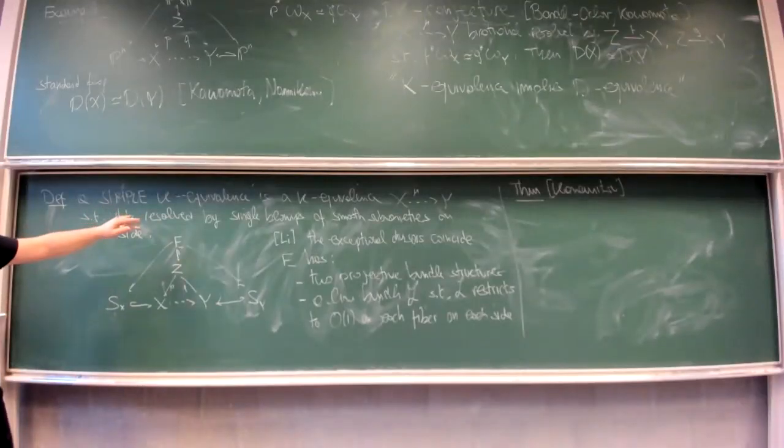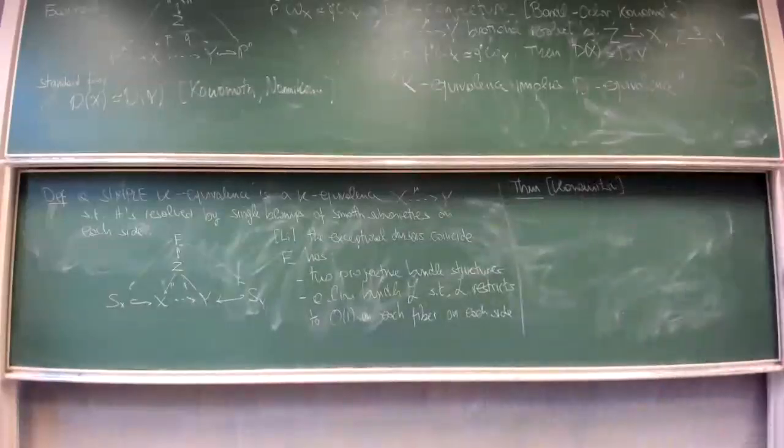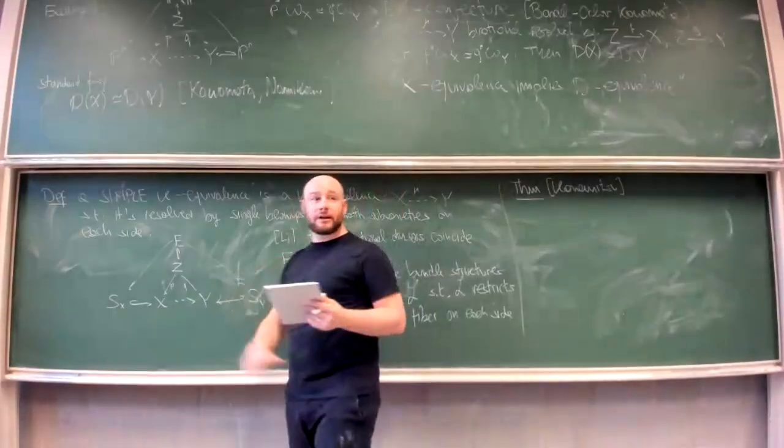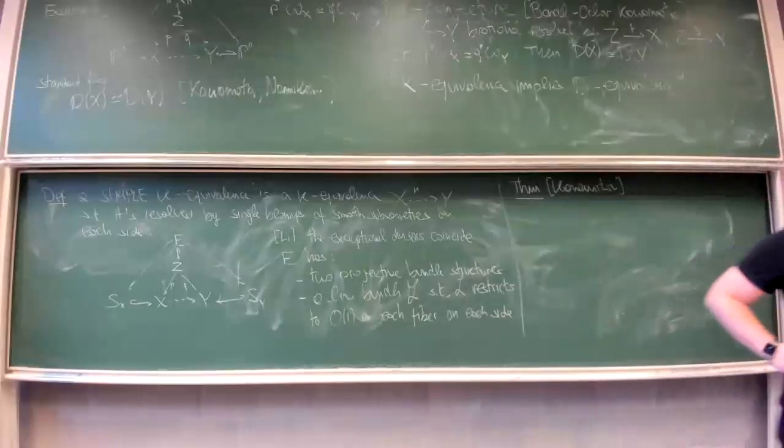And could it happen that it is a K-equivalence and you can resolve it by a single blow-up, but you cannot resolve it by a single blow-up which also satisfies this? Do you mean simple blow-ups from both sides, but without this condition here, even though there is also a resolution that satisfies this?